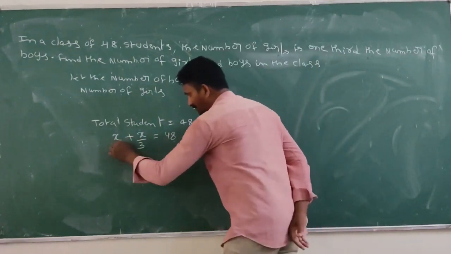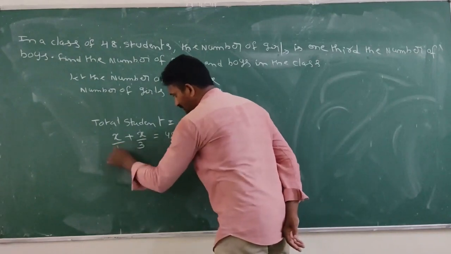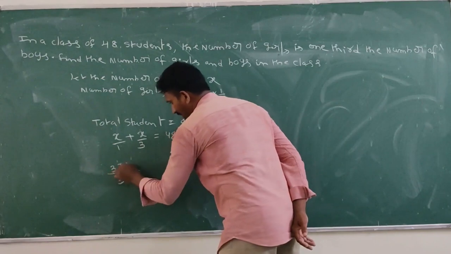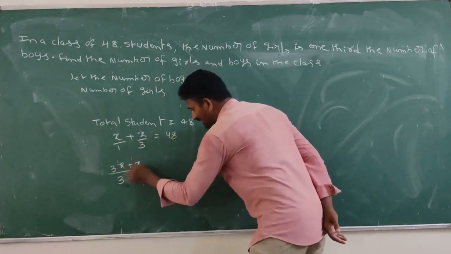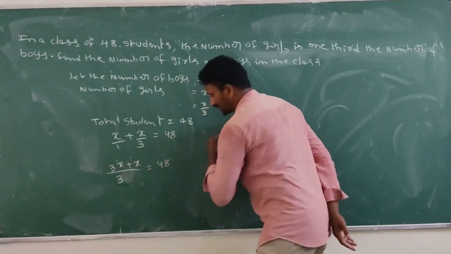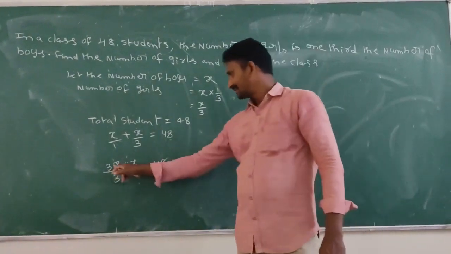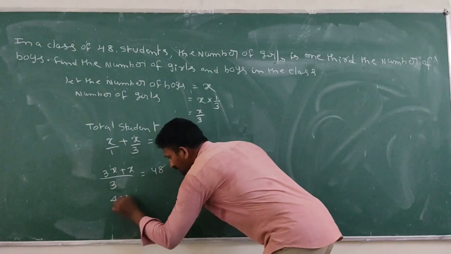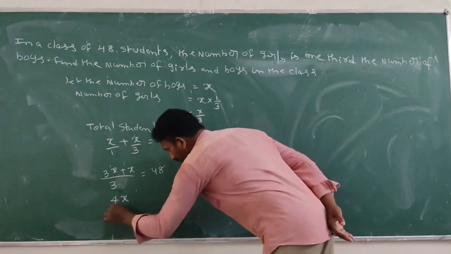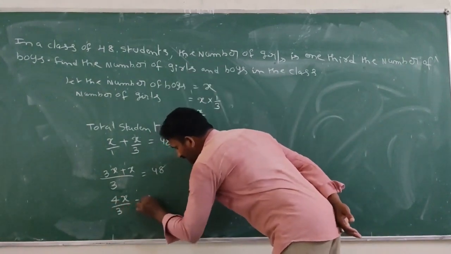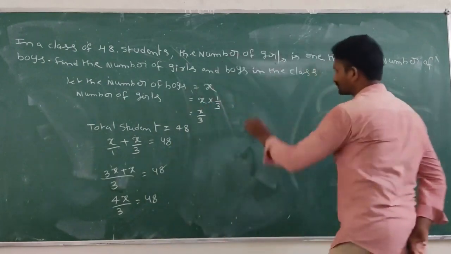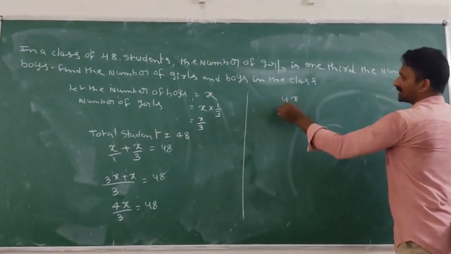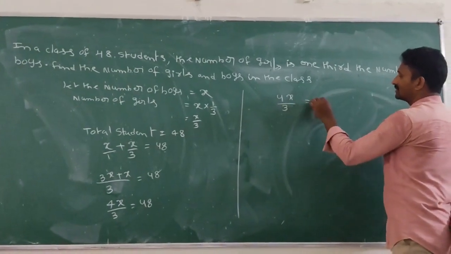Taking the LCM, 3x plus x equal to 48. 3x plus x is 4x by 3 equal to 48.